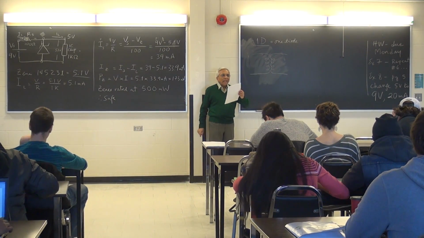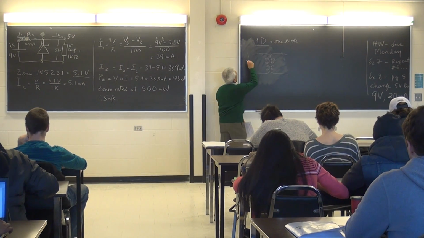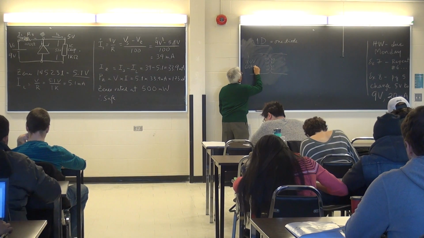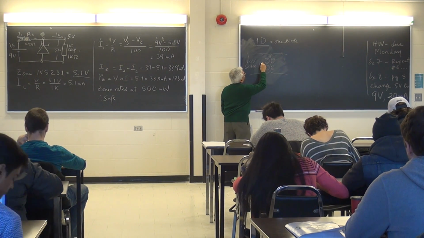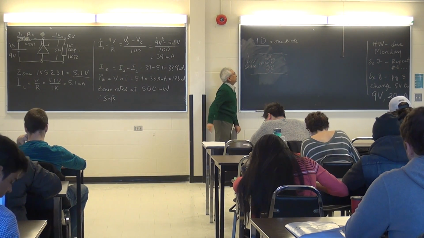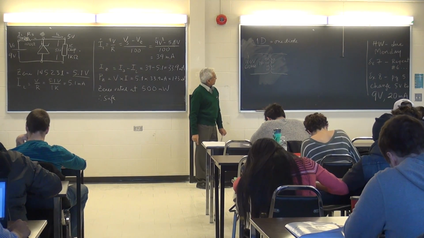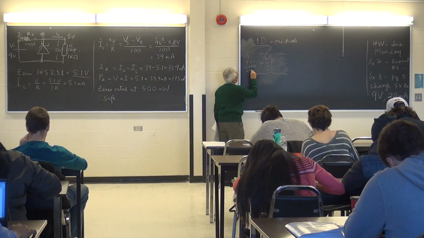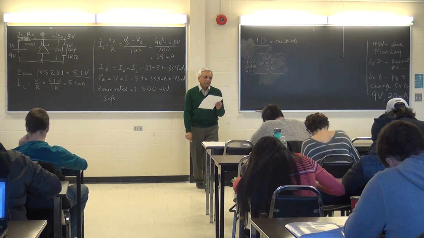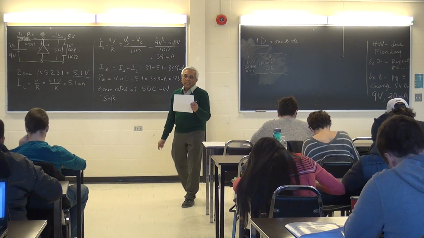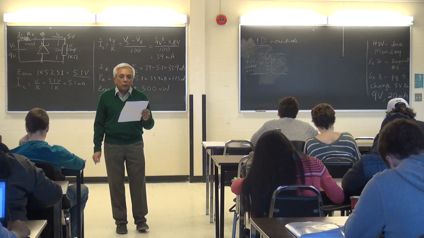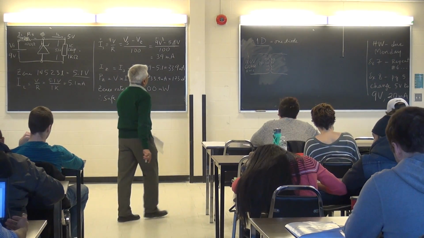So the transformer has 120 volts, 60 hertz, connected to the primary side. This is RMS. The transformer has a turns ratio of 15:1 to step the voltage down.